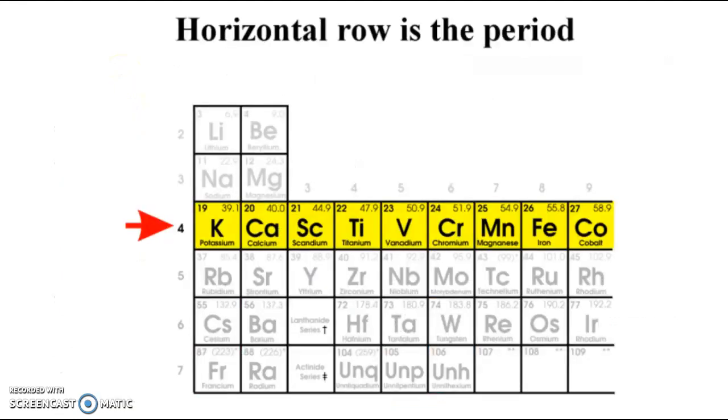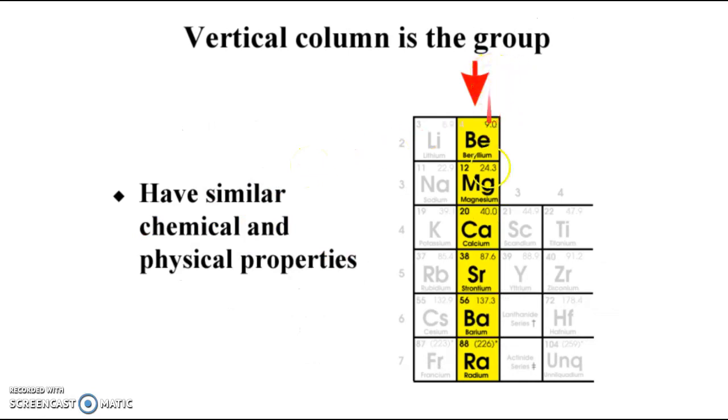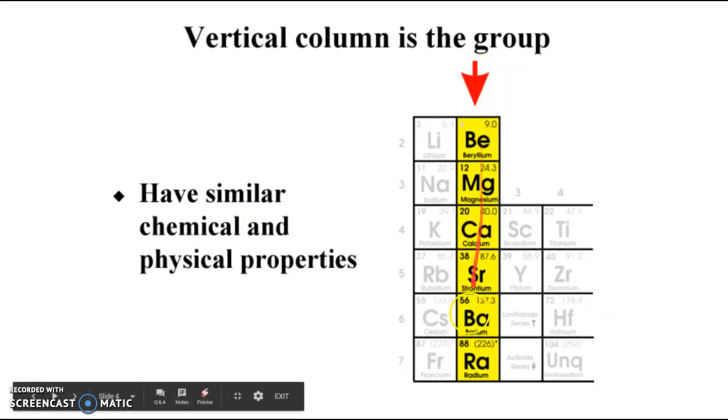Okay, so from here on out, I'm not going to refer to these as columns or rows. I'm going to call them by their proper names. If you're looking at a row horizontally, it is called a period. There are 7, and I will refer to them as such. The vertical columns are called groups.